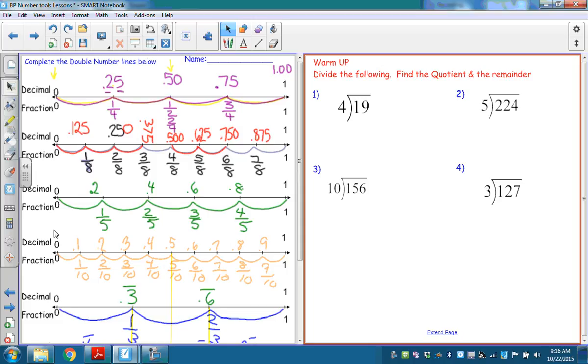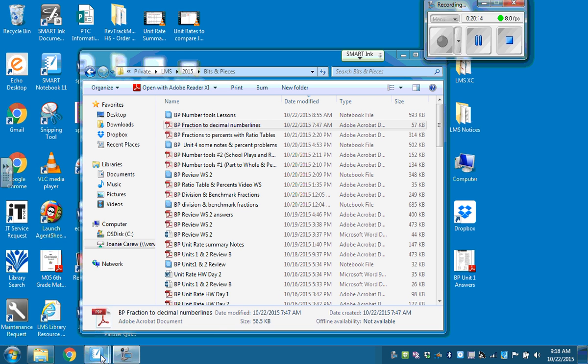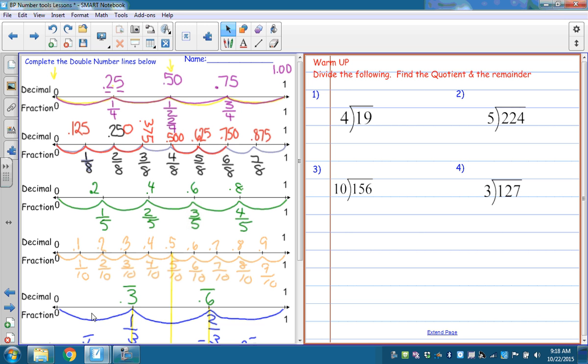Okay, these you might want to put in your comp book. I'll pause and you can get your comp book out. Okay, so this is how we use the work. The work was big, but the homework's short. Even I could do this in my head.